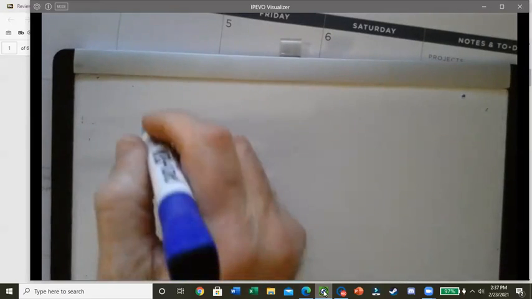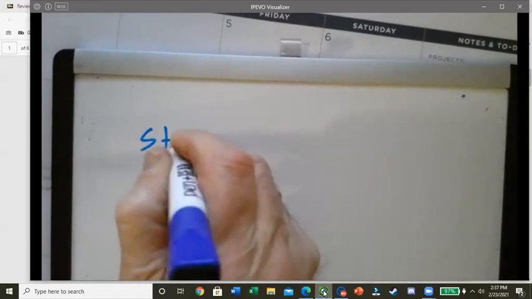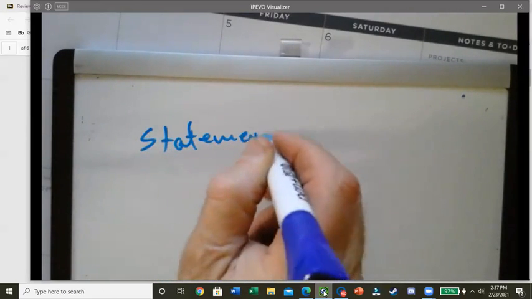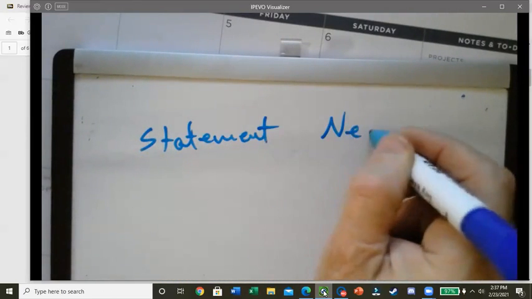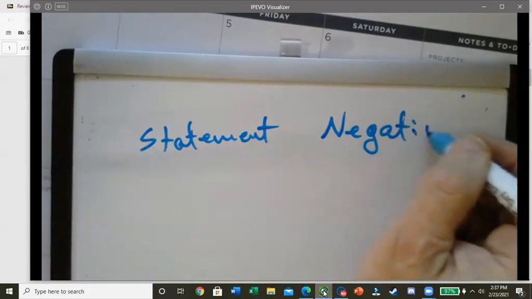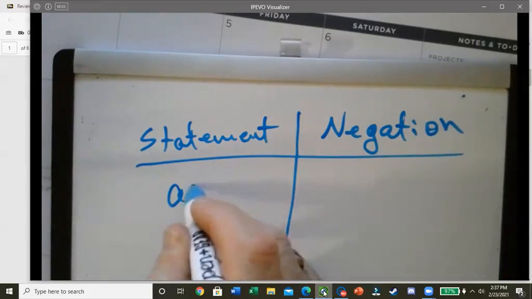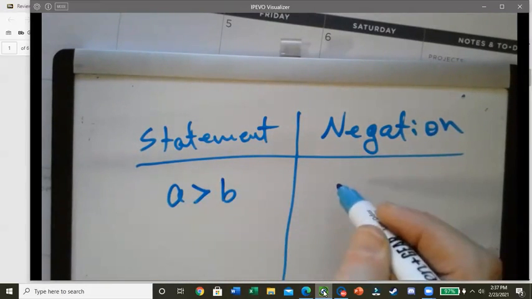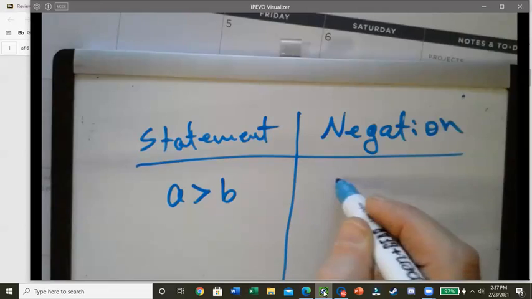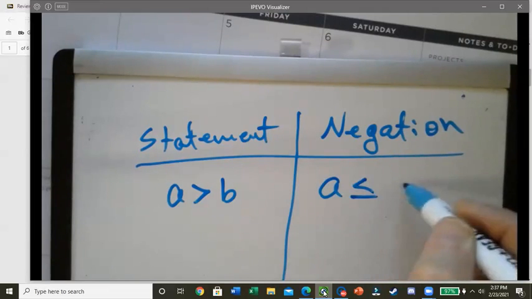And here, there we go. You got a statement, negation. So we would say if A is greater than B, then the negation would be A is less than or equal to B.